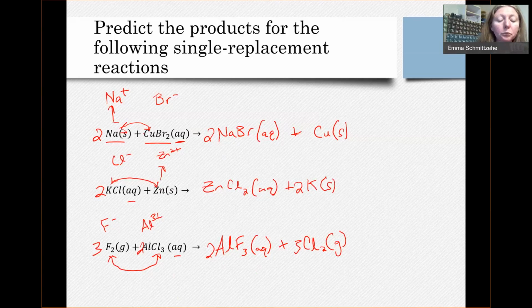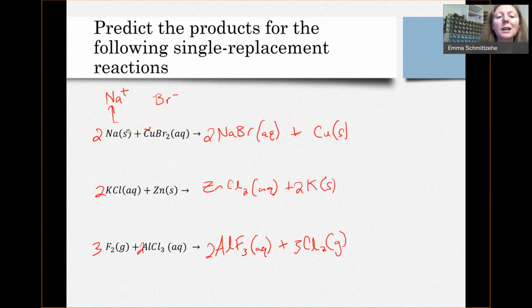Let me erase some of this clutter. And if you want to think about how you could use the activity series, that's something that you would use after you've predicted these products, okay? So we predicted the products, we have our balanced reactions, and so this is what would happen if these things react, okay? But some of these things may be non-spontaneous.